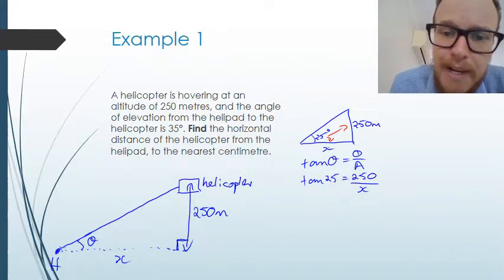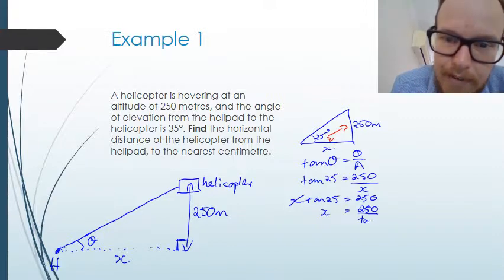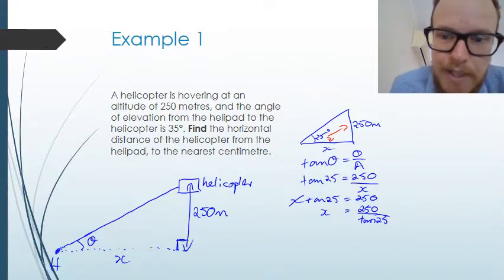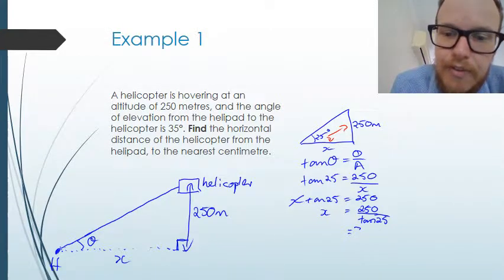Multiply both sides by x, we get x tan 25 is equal to 250, and x is going to be equal to 250 divided by tan 25. If I divide both sides by tan 25, that means I get for x 357.04 meters.